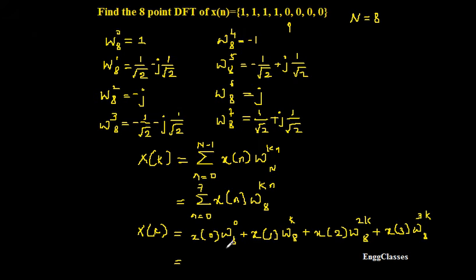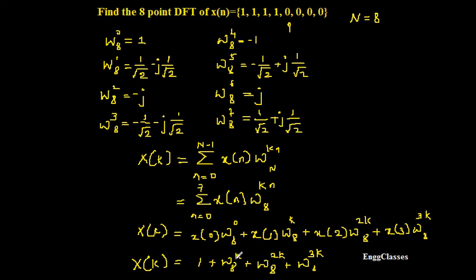So 1 into 1, I'm going to get 1 here, plus x of 1 is 1, so I get W8 to the power k, plus x of 2 is 1 into W8 to the power 2k, and lastly I have x of 3, which is 1 into W8 to the power 3k. So this is the final expression for X of k.